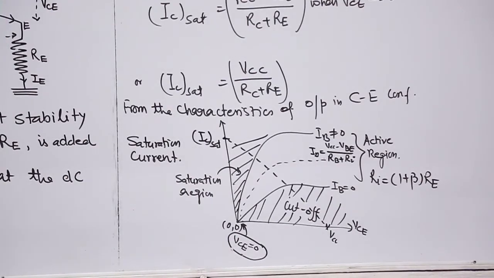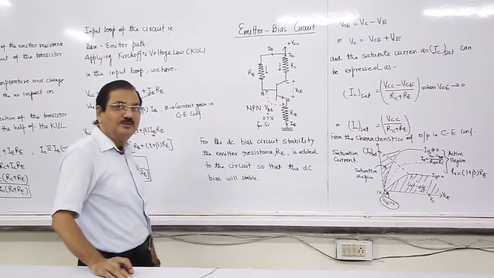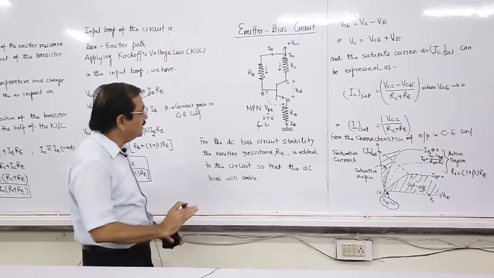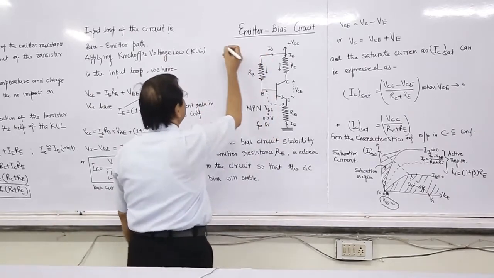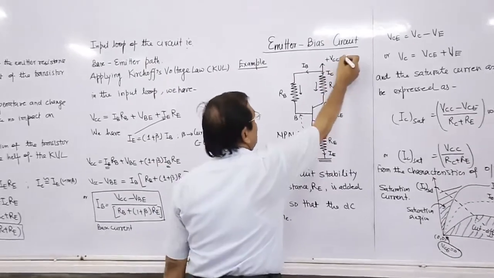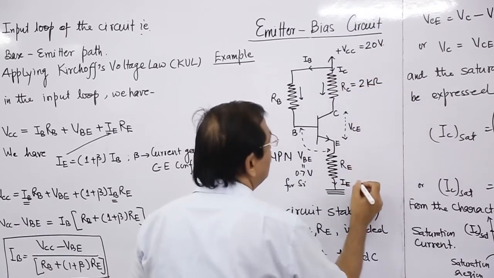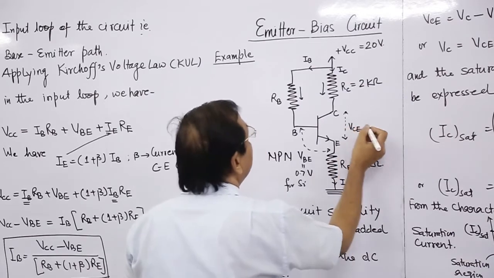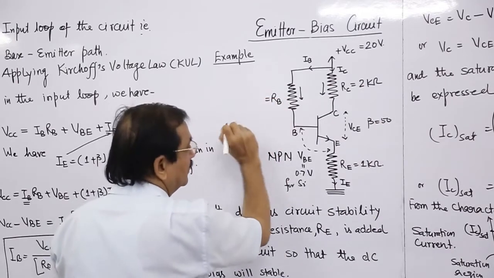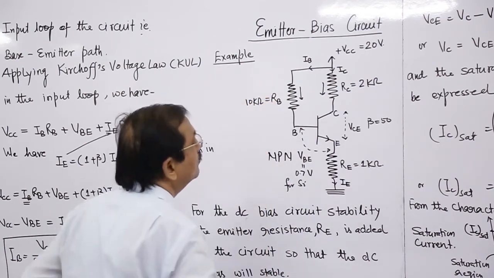So, if we take suitable numerical values, then we can calculate the various current components. For example, take this example: suppose this is 20 volt, here it is 2 kilo ohm, this is 1 kilo ohm, this beta value is 50, and this is say 10 kilo ohm.